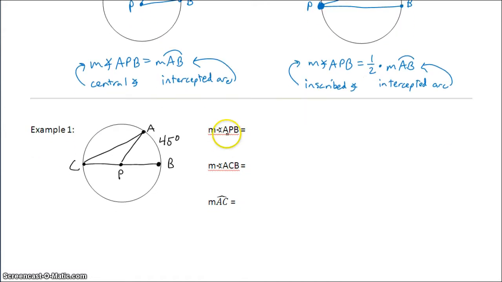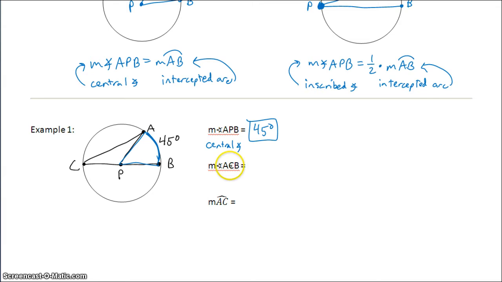Example 1. We have angle APB. A to P to B is a central angle. And a central angle is equal to the measure of the intercepted arc. Well, in this case, angle APB is going to be equal to the measure of arc AB, 45 degrees.